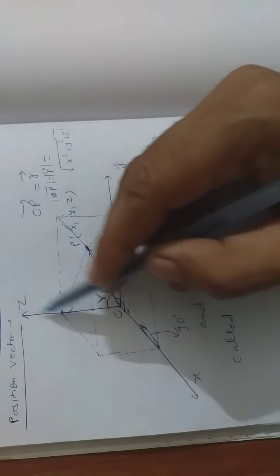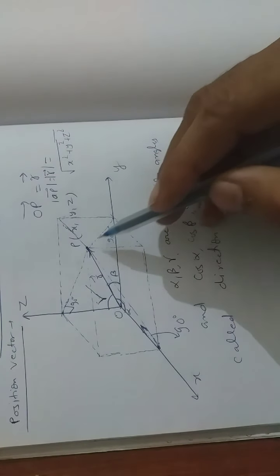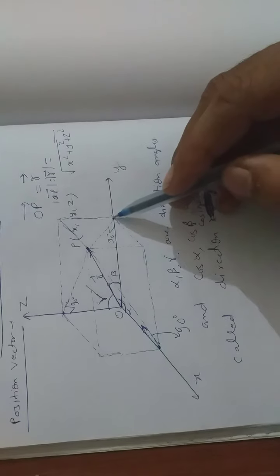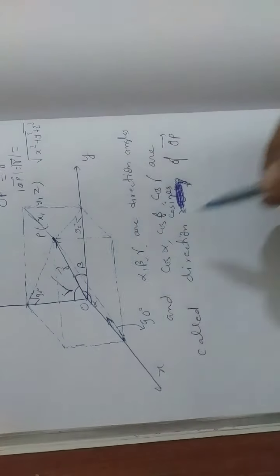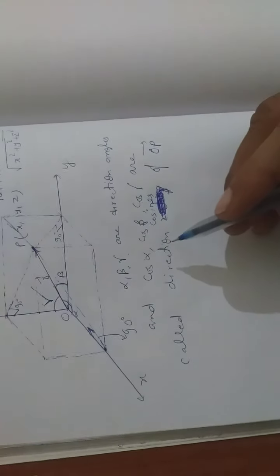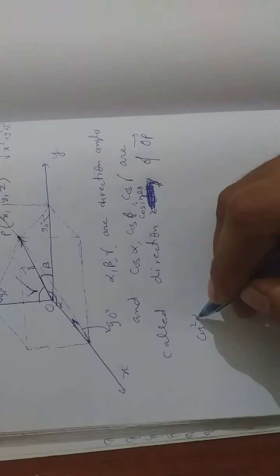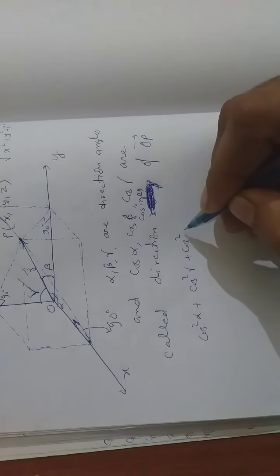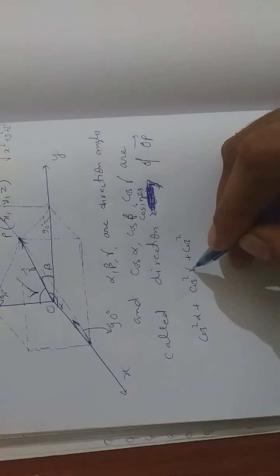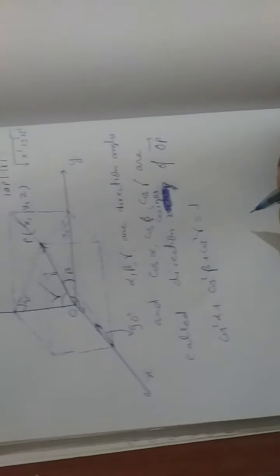From P to the z-axis this is a perpendicular, and from P to the y-axis this is a perpendicular. From this figure we can also derive the expression cos square alpha plus cos square beta plus cos square gamma is equal to 1. Consider this figure.